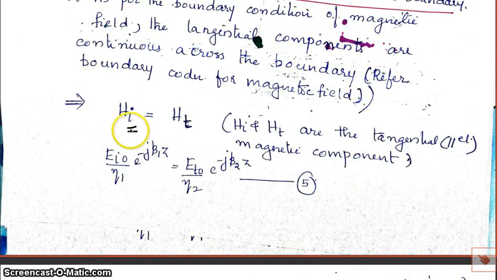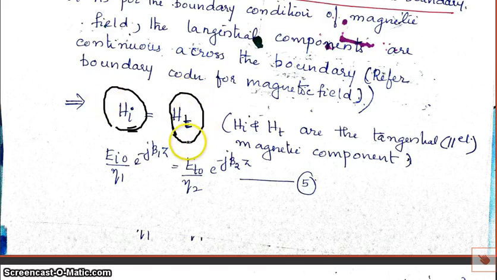Parallel means tangential component. So I can write Hi, which is the magnetic component of my first medium, is equal to the magnetic component of my second medium, that is Ht.